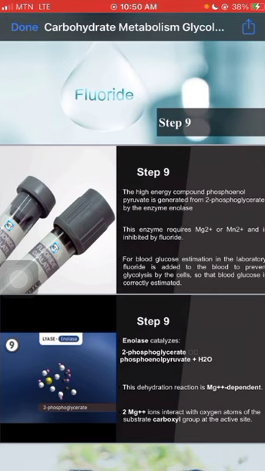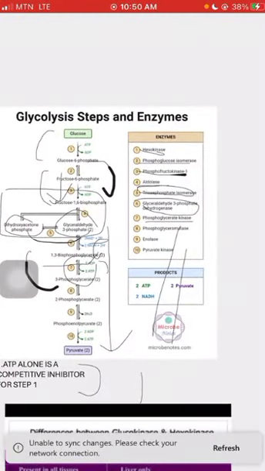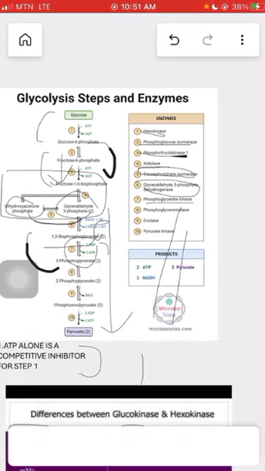Step 9 is very important. Let's look at what happens in step 9. You can see that in step 9, the 2-phosphoglycerate is being converted to a high energy compound called phosphoenolpyruvate. And the enzyme that catalyzes step 9 is called enolase.